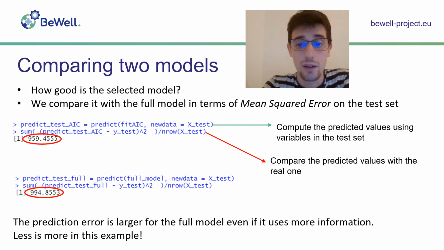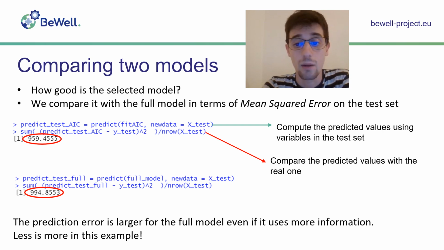The next question we ask ourselves is whether the selected model is a good one or not. To answer such a question, we compare it with the full model in terms of mean squared error on the test set. I remind you that the mean squared error is simply the sum of the squared differences between the predicted values and the real ones, averaged over the number of predicted points.